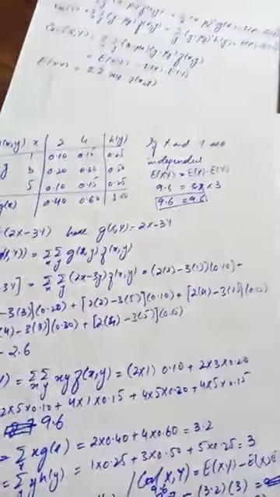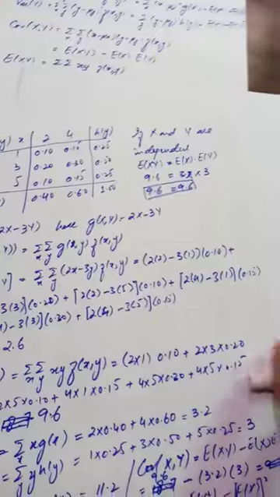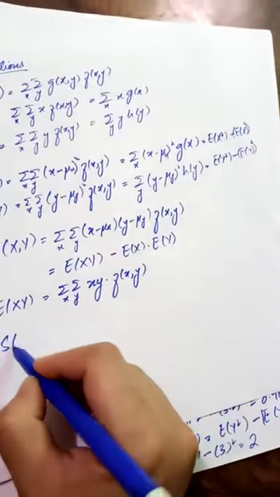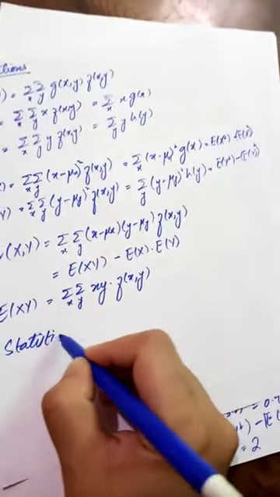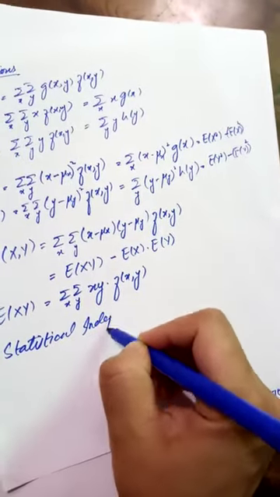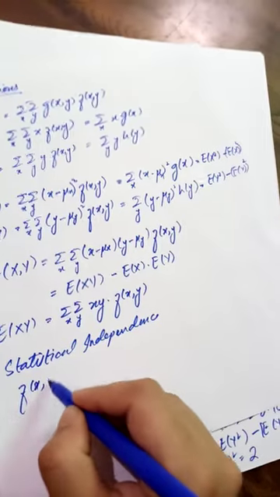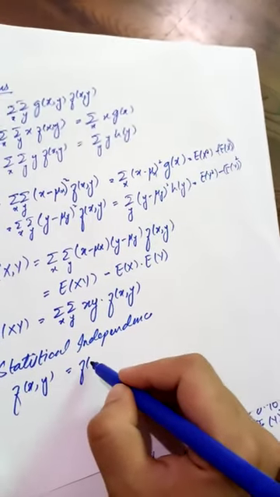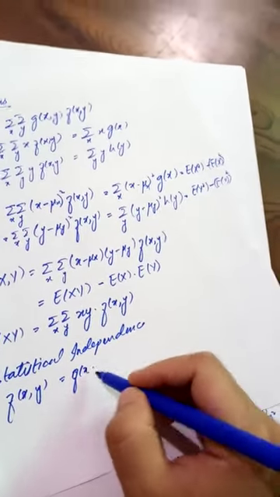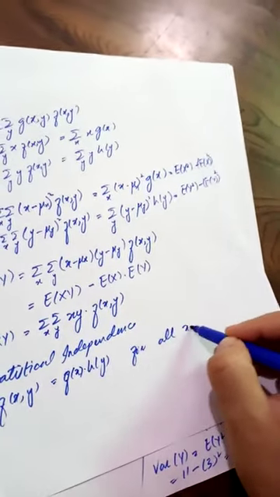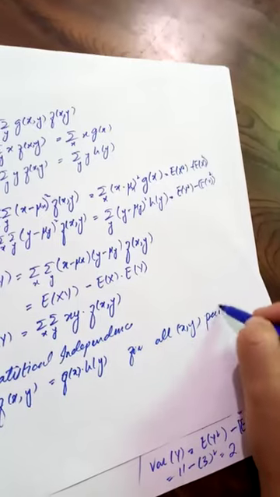So we have discussed three methods. Number 1, for statistical independence, the first condition was f of x, y should be equal to g of x into h of y for all x, y pairs.